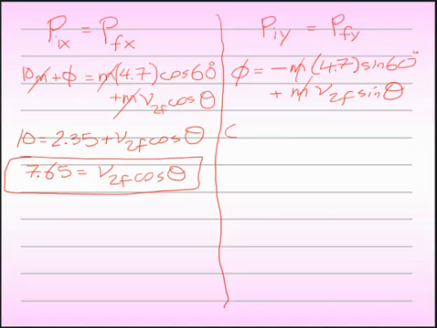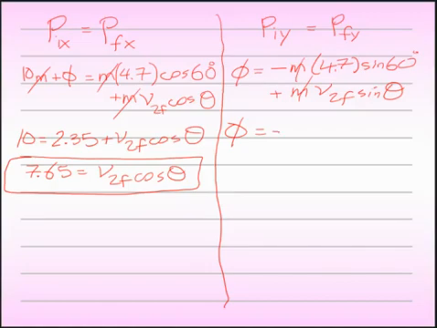Cancel, cancel. So we get 0 equals... I need someone to multiply sine 60, which is 0.8660, by 4.7. What do you get? 3 point something, or maybe even 4 point something? What's the sine of 60 times 4.7? Come on. 4.07. We'll take that.